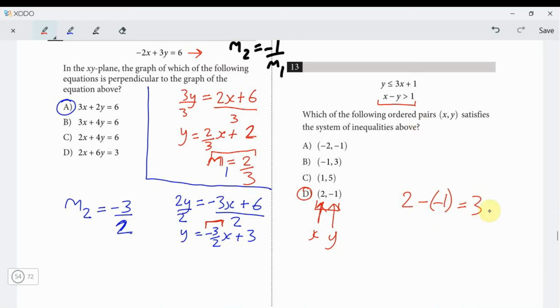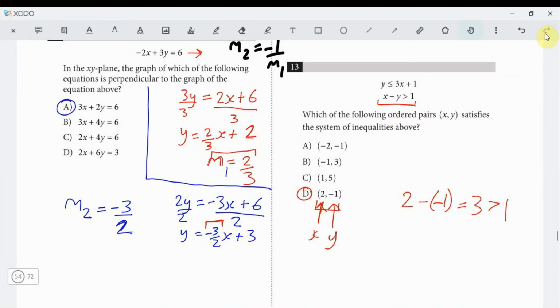But we know 3 is greater than 1. So it has to be option D. Looking at C, no. B, no. A, no. So clearly, we don't even need to use the first equation up there. Option D, the only answer.